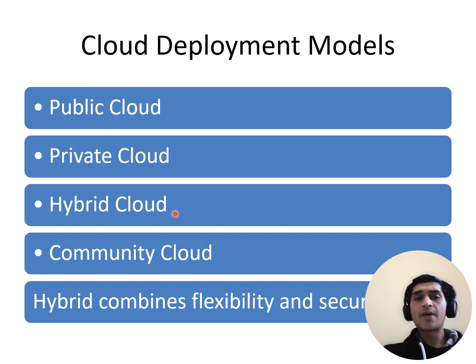On a hybrid cloud, if we take the example of a hospital, the website is hosted on the internet, which is the public cloud, but the patient records are on the private cloud and it's secure.